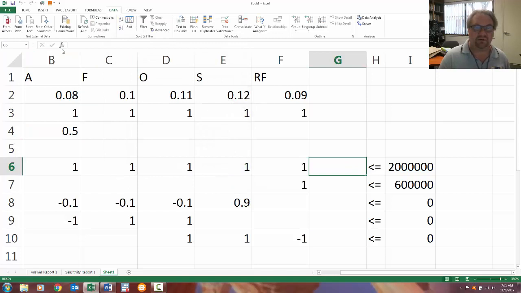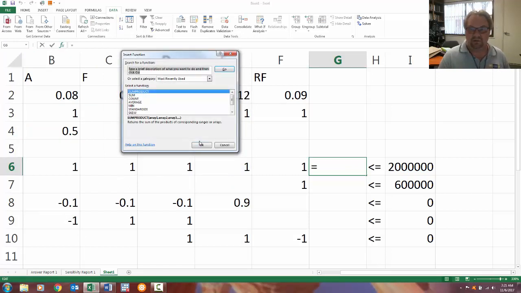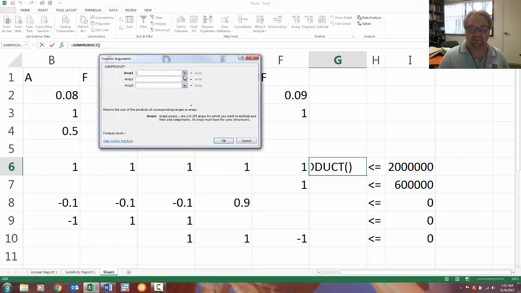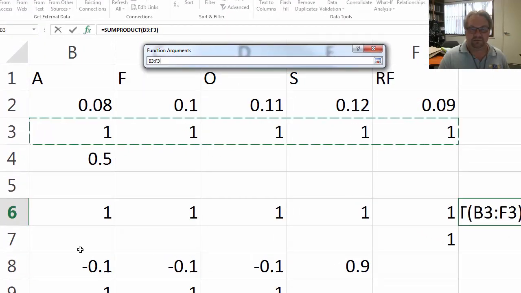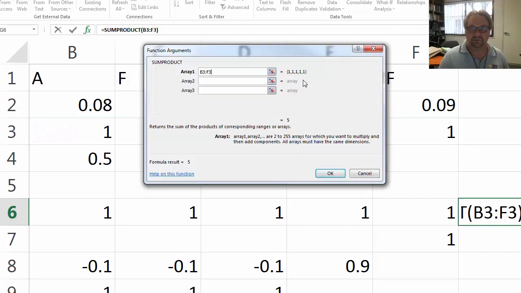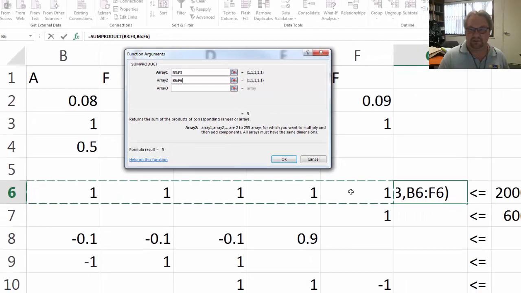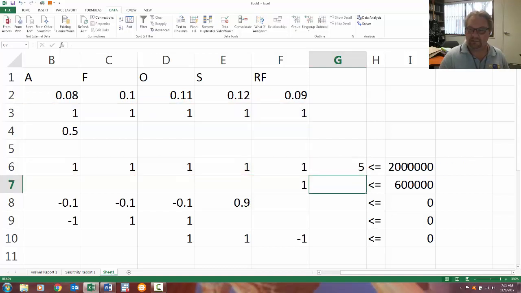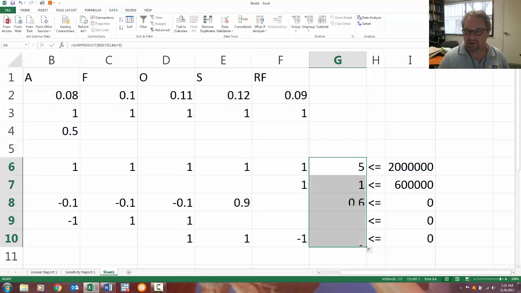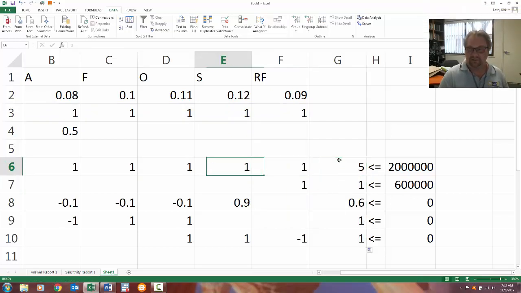I better put the constraints in first. Okay, so this is going to be the sum product of these numbers and these numbers. Okay. Anchor that. Copy. Okay, there we go. Now I'm ready.